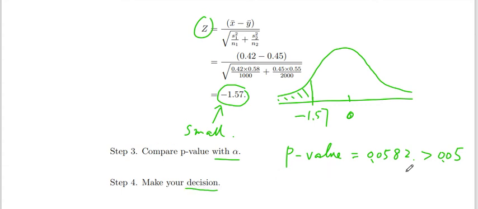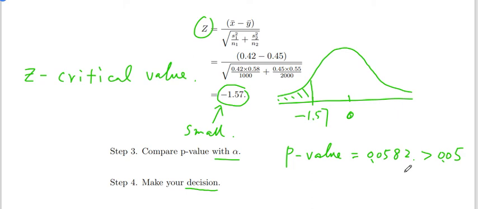The other way is to use the critical value. We compare the critical value with this test statistic, and then we can judge whether it is a big or small number. So how can we find the critical value? Since this is z, we check the z table, and we call it the z critical value.